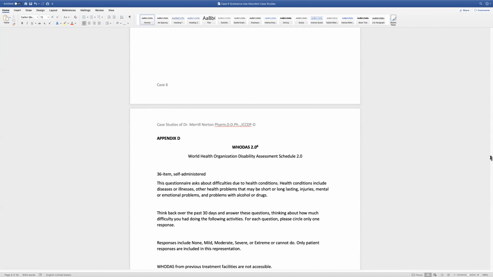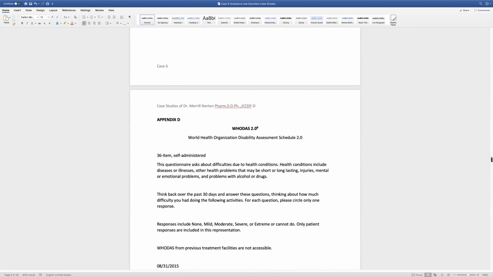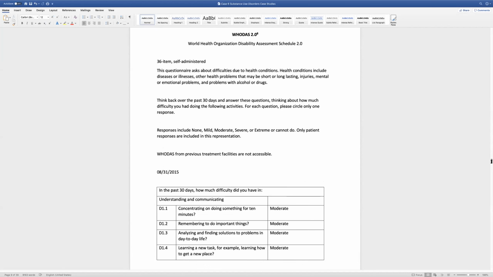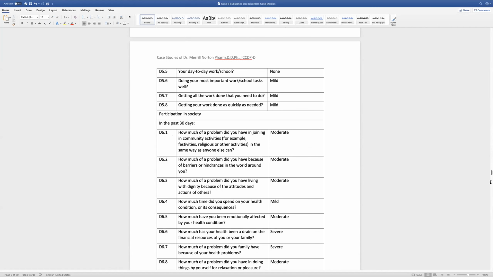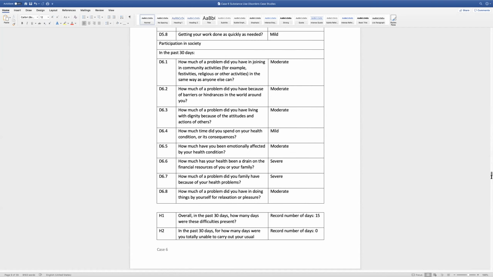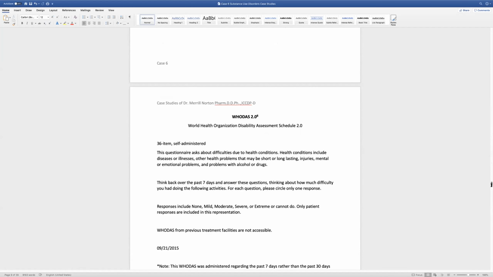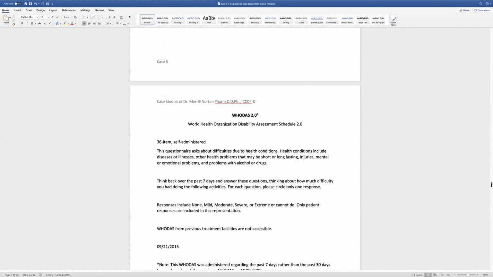And then the HUDAS 2.0 is what we do when they come in to see if they're applicable for this type of setting. And so he was moderate. Most of these he could do. And so they determined he was ready. He could come to outpatient, but it wasn't because of his physical component. It was because of the emotional component.